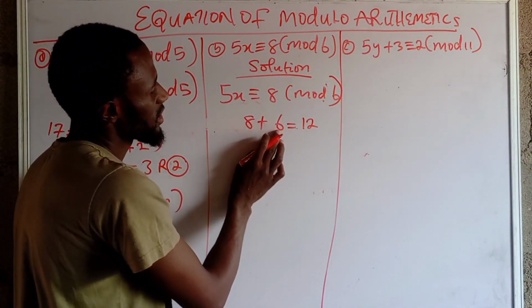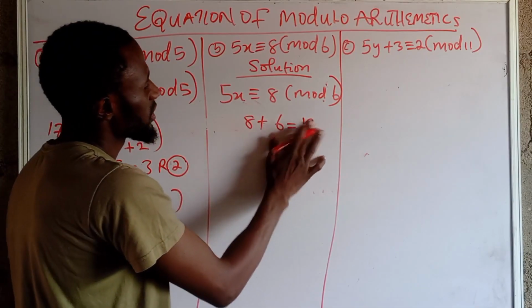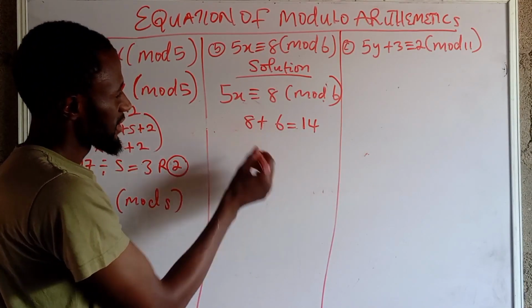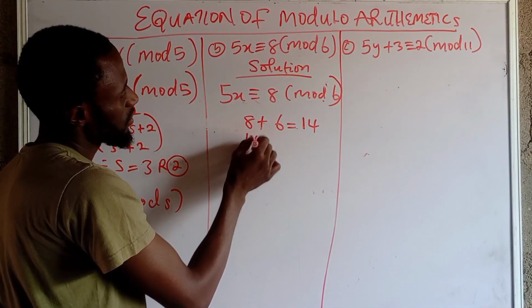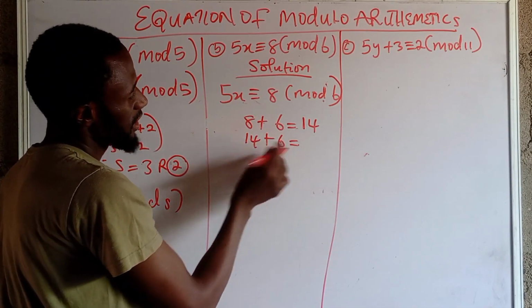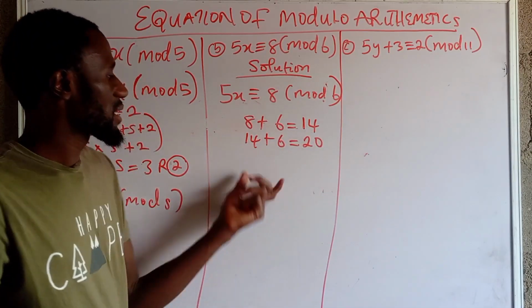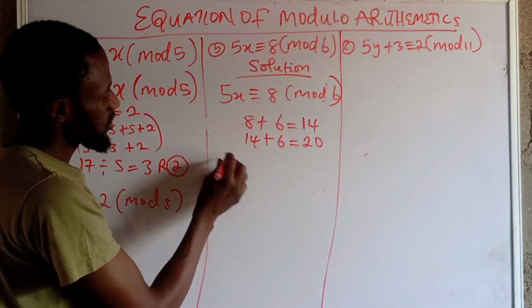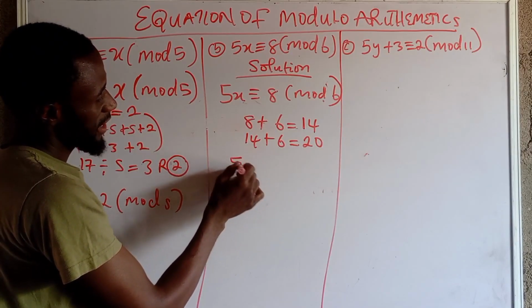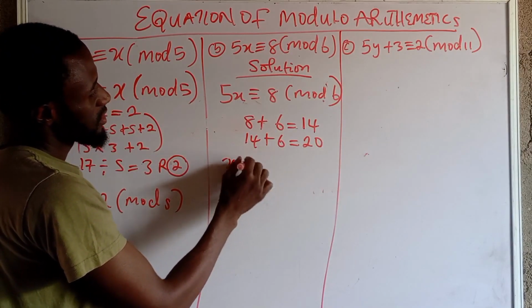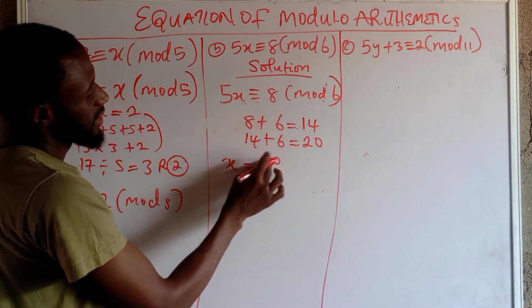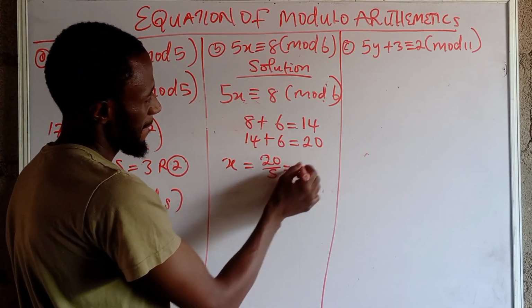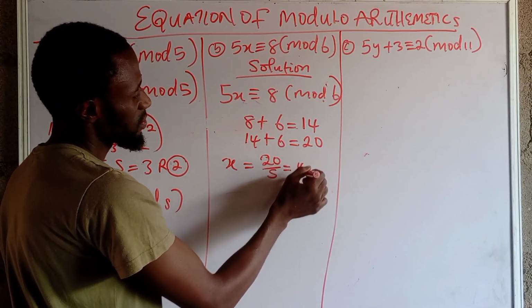So keep adding: 14 plus 6 again equals 20. Since we get 20, we can divide by 5: x equals 20 divided by 5, which is 4.